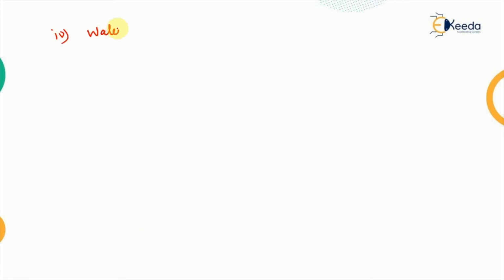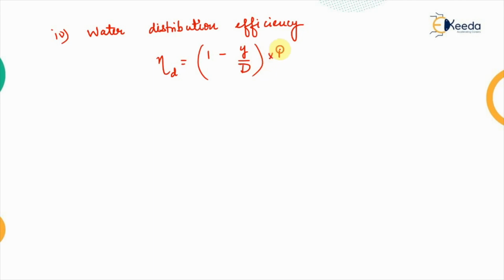Now the last type of efficiency is the water distribution efficiency, and that is given by the relation eta d equal to 1 minus y upon capital D into 100.